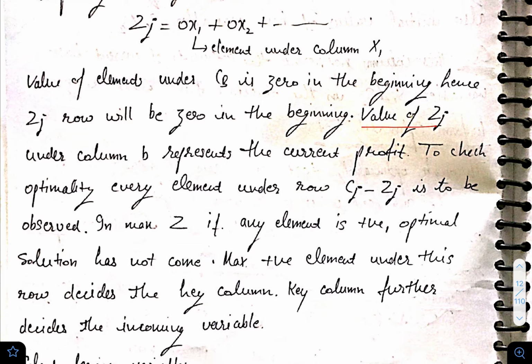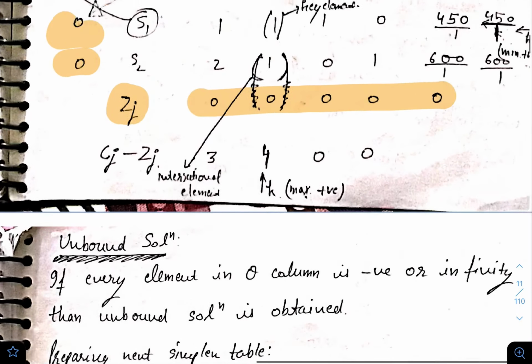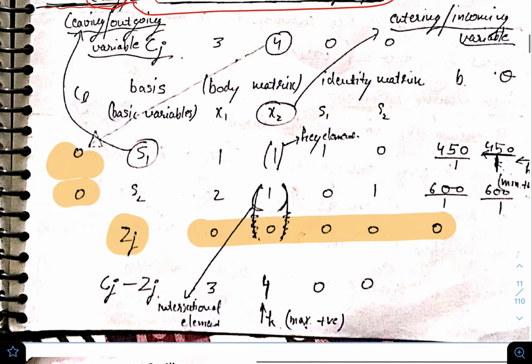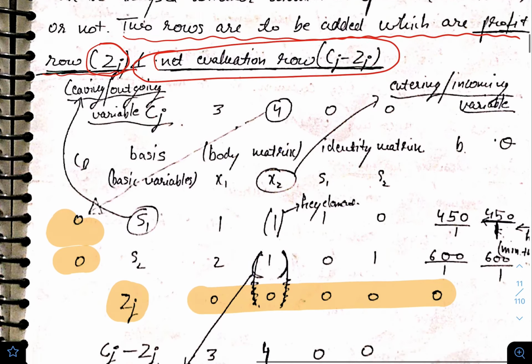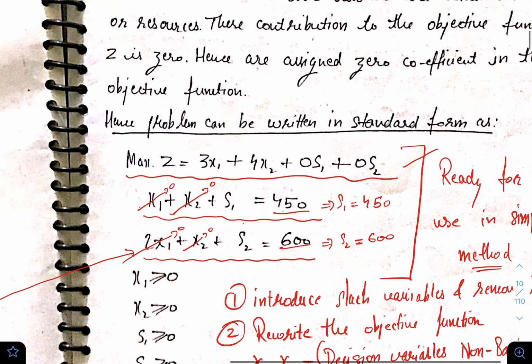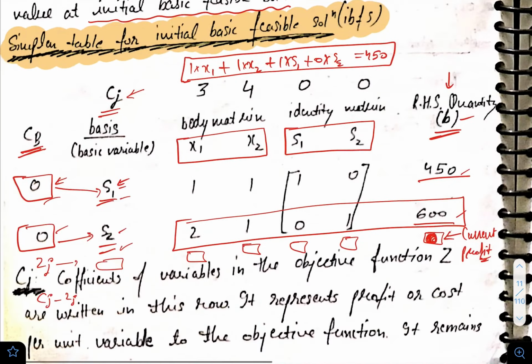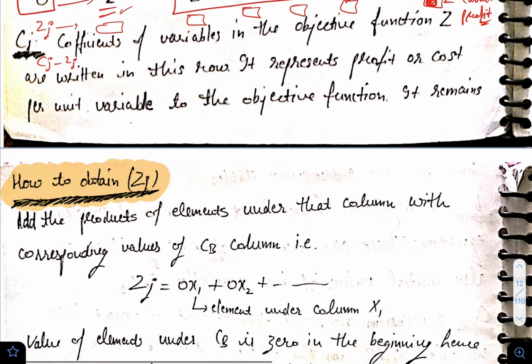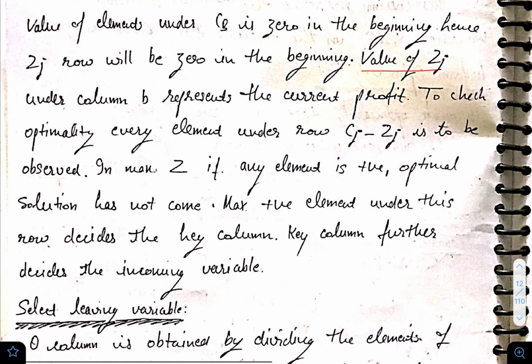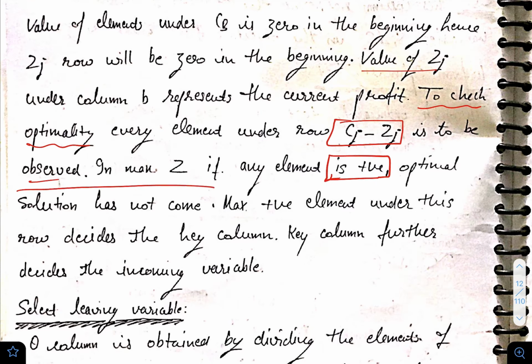Now to check optimality, every element under the row Cj minus Zj is to be observed. Now I will calculate Cj minus Zj. If any element is positive, the optimum solution has not come.